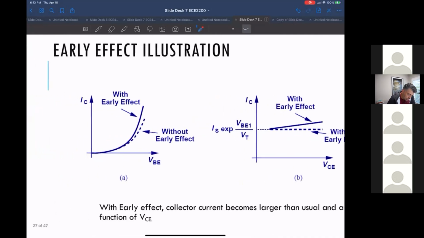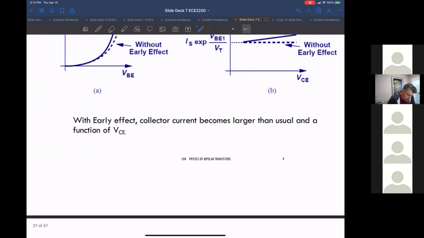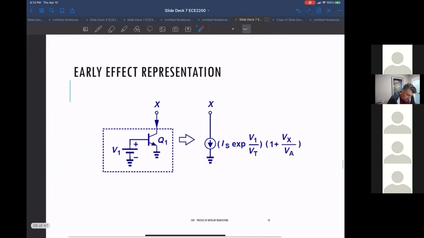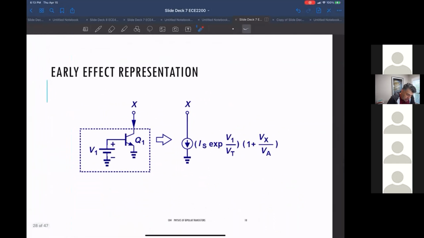And the way it looks in a VBE curve is you're getting a sort of a spread in your curve of the VBE. The way we represent it is, instead of just having V1 as VBE, normally we had just this as our current source.